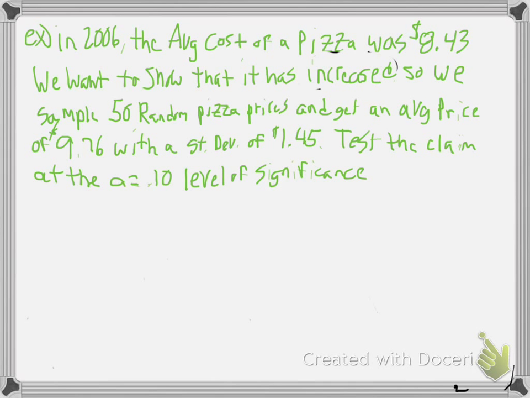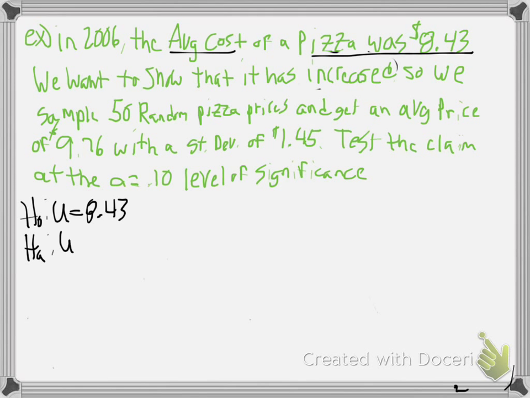Let's go for the null and alternative hypothesis first. The average cost of a pizza was $8.43. That's your null. So H sub 0 is that mu, this is an average now, mu is average, 8.43. And the alternative is that it's increased, so greater than 8.43.